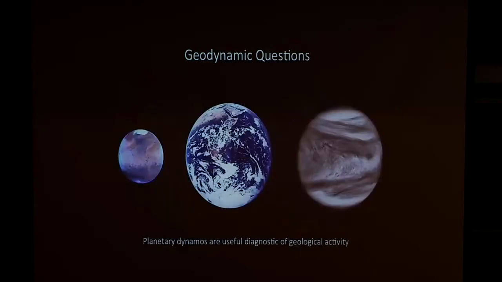But there are other issues that are much broader and maybe of much more interest to this particular group. And that is that planetary dynamos are really very useful diagnostics of internal dynamics broadly across the entire planet. Here's an example of Earth, and we know that Earth has a magnetic field.